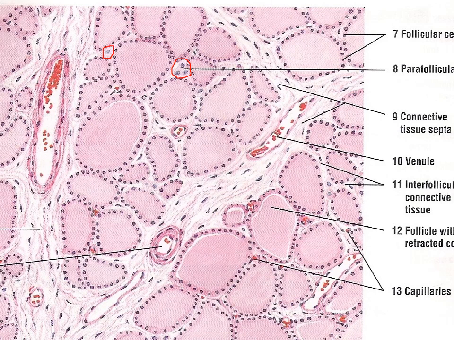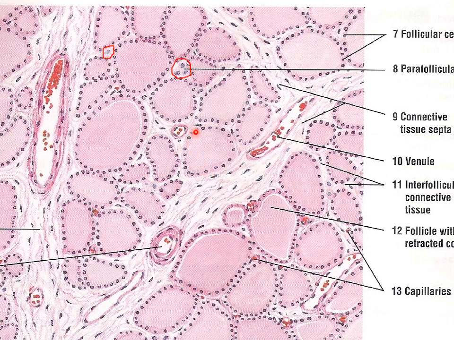So you can say they share the basement membrane of the thyroid follicular cells, but they do not reach or extend towards the lumen of the follicle.